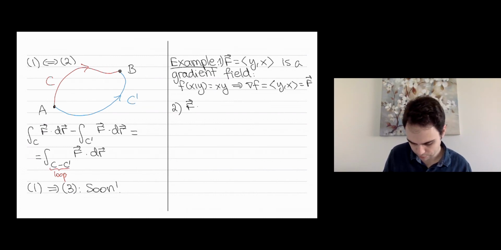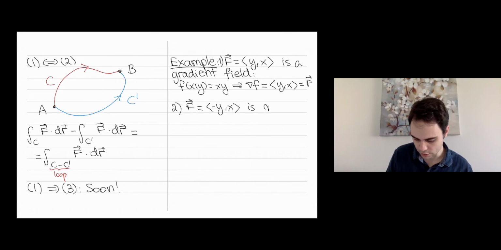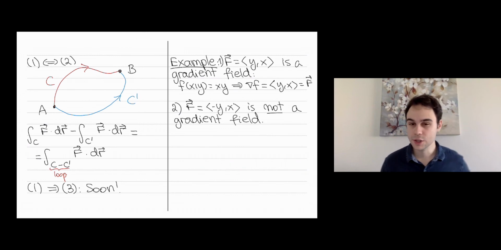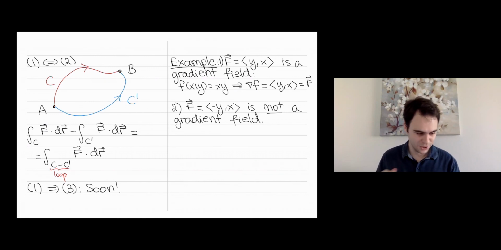If I just put a minus sign in there, so f is minus y comma x, it is not a gradient vector field. And here's how I know. This is going to look like black magic, something really mysterious.